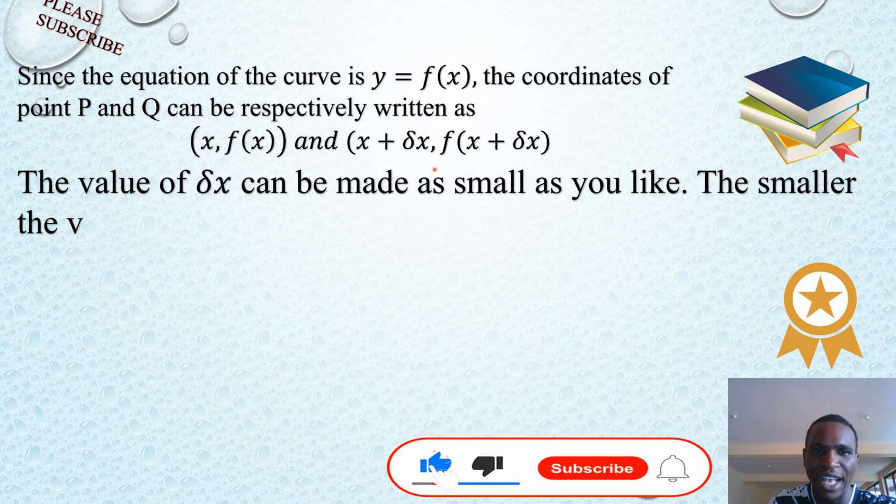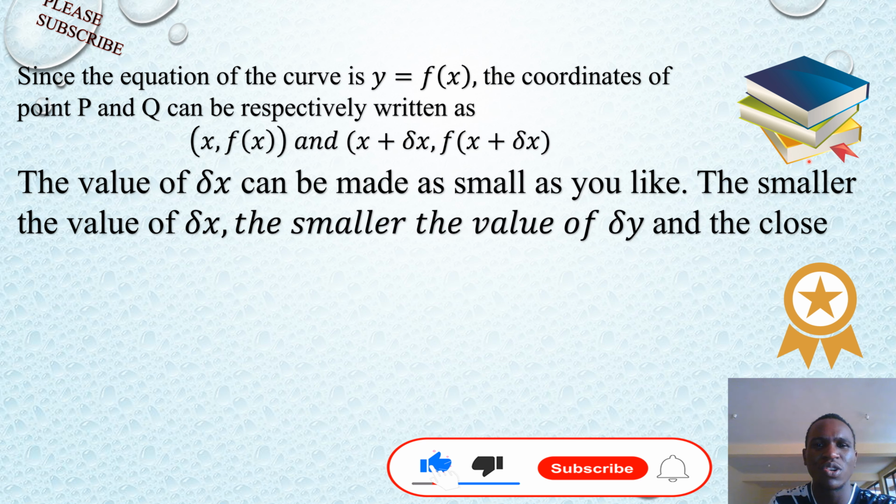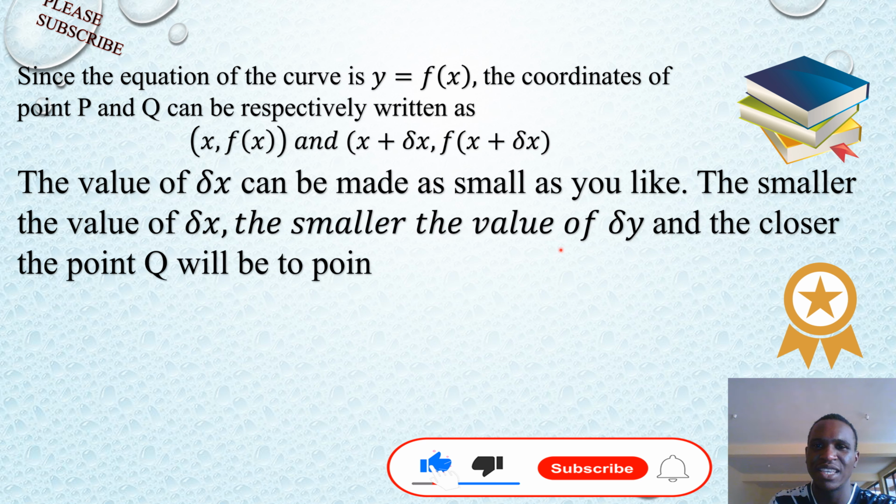So as you can see, this is our delta x. Like I said, you can make it small to your likeness. The smaller this value, the smaller the value of delta y. Okay, so if delta x is small, you can go back to the graph and visualize it.